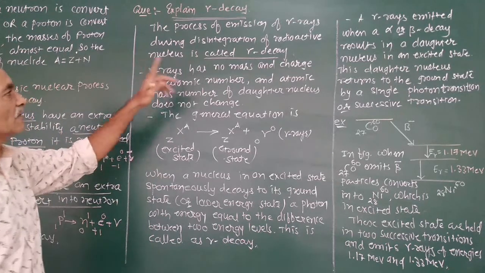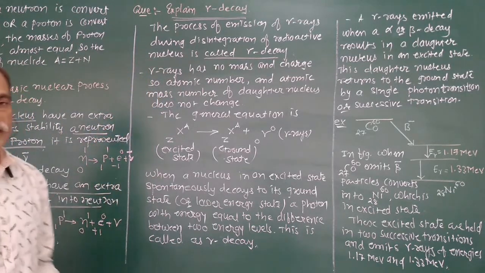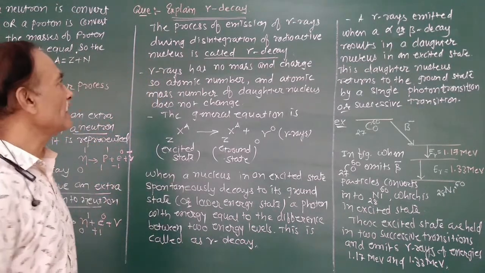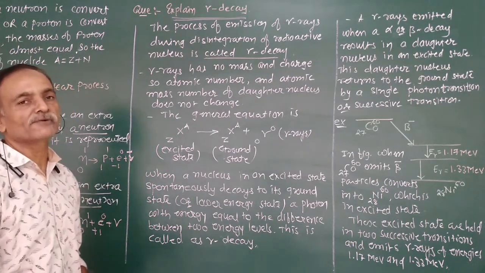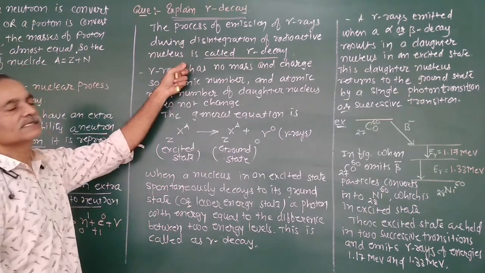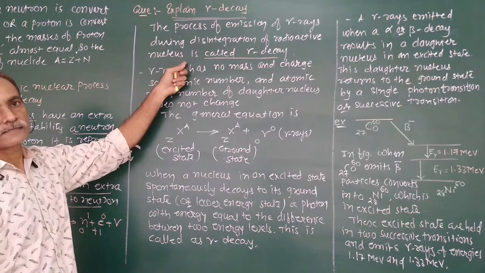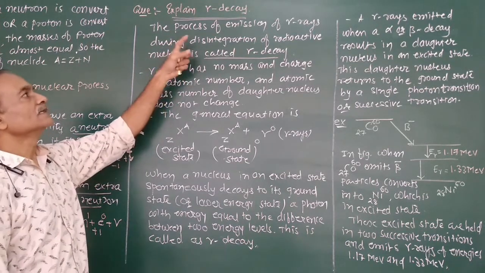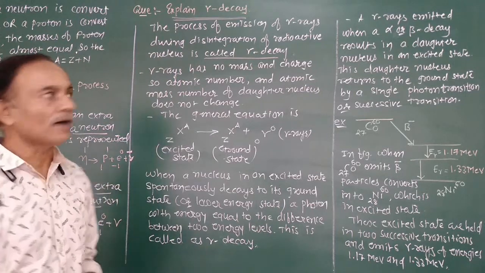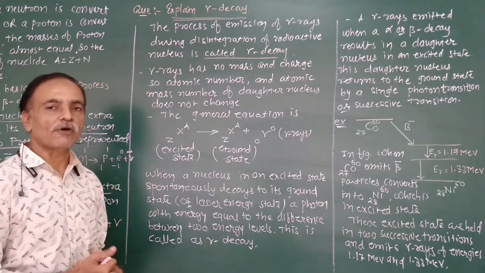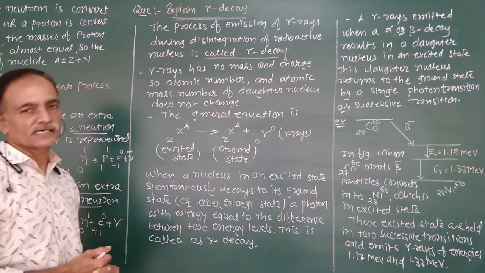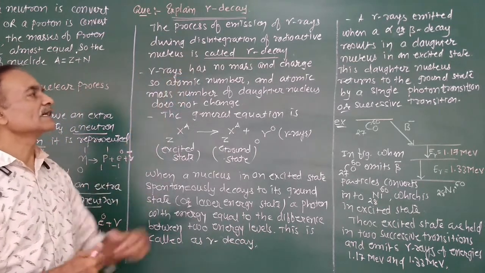The process of emission of gamma rays during disintegration of a radioactive nucleus is known as gamma decay.